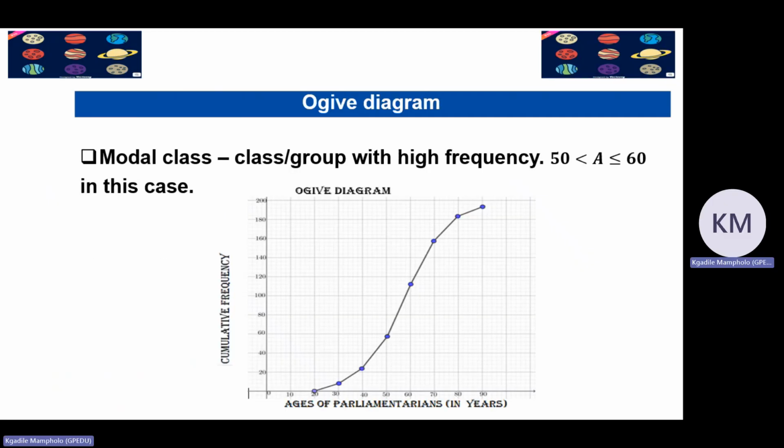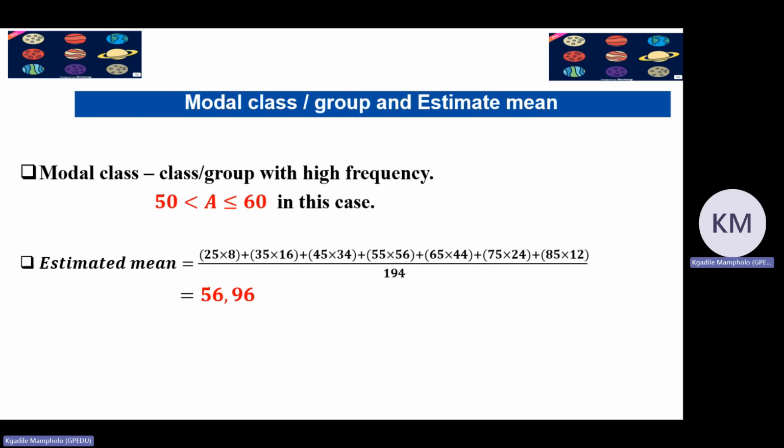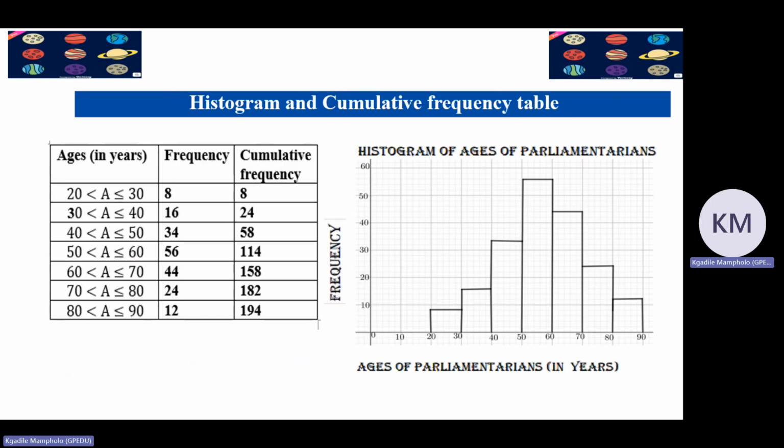Now, Ogive diagram. Remember, I told you that when you draw the histogram, you use the frequencies. But when you draw the Ogive diagram, you use the cumulative frequencies. Now, how do you do that? First, the 20, the lower limit of the first interval, is where the graph will be grounded.